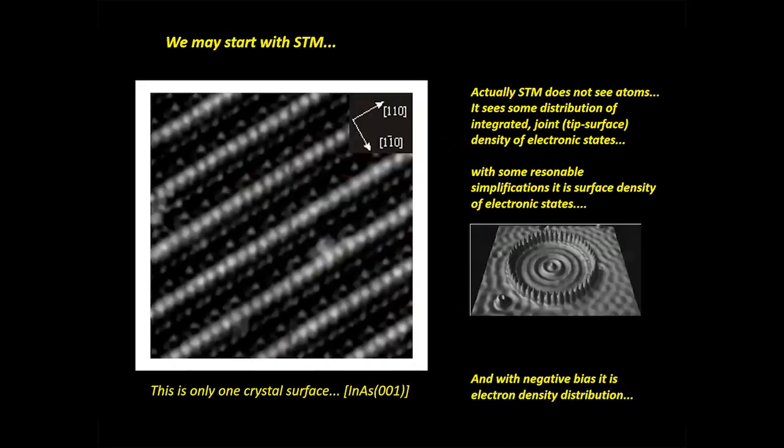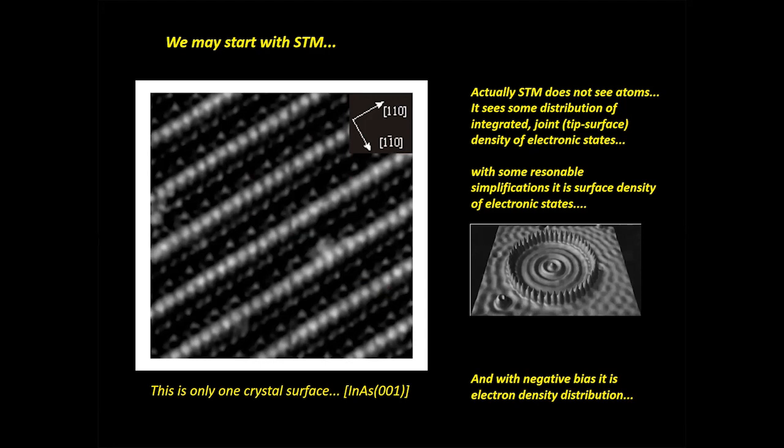So, okay, let's start with some very simple things at the beginning. Maybe it's not bad to start with STM, because people like STM, it's easy to start. They say you see atoms with STM, everybody knows what atoms are and so on. But actually STM does not see atoms, or not exactly atoms. It sees some distribution of integrated joint density of electronic states, joint meaning that it involves both the tip and the surface.